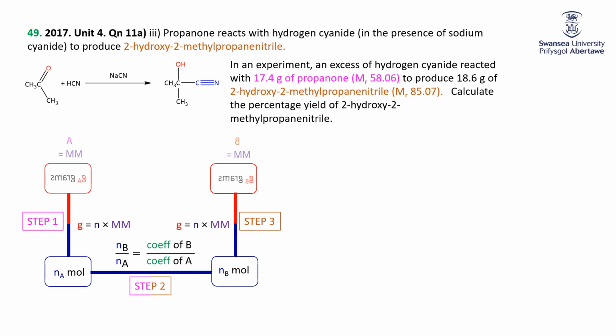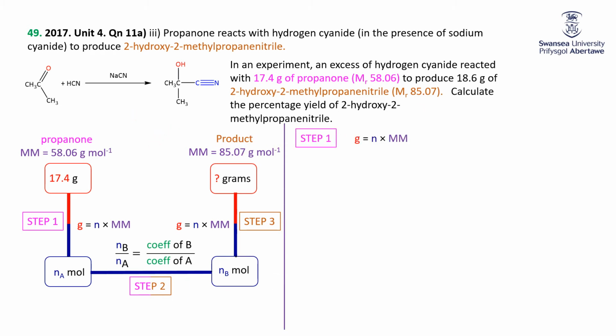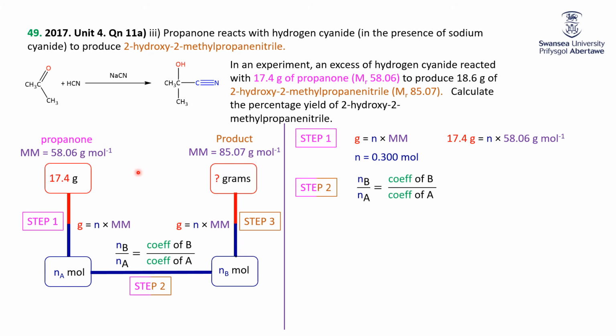So usual thingy. There we are, molar mass of propanone, 58.06, molar mass of our product, which I'm just calling product rather than typing all that out because it would make it horribly big, 85.07 grams per mole. Step 1, get the moles of the propanone, which is 0.3 moles. Step number 2, where's the reaction? It is a 1-to-1 reaction.